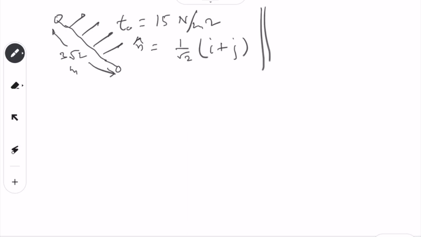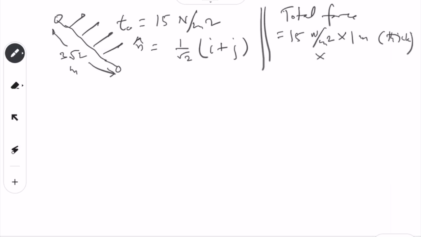Total force will be equal to 15 Newton per meter square multiplied by 1 meter, suppose this is a thickness, right, multiplied by length which is 3 root 2 meter, which makes it equal to 45 root 2 Newton.